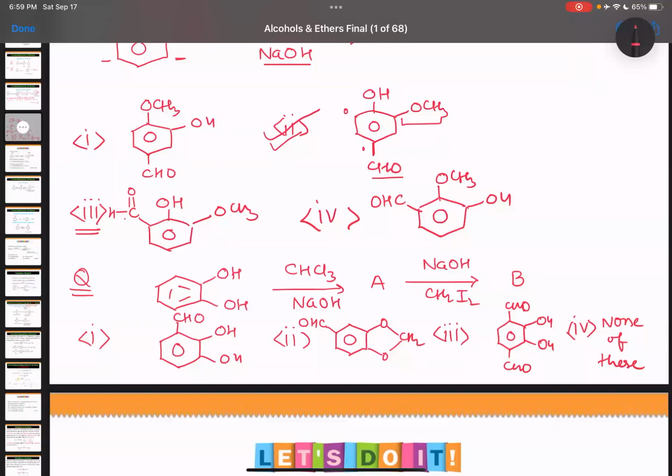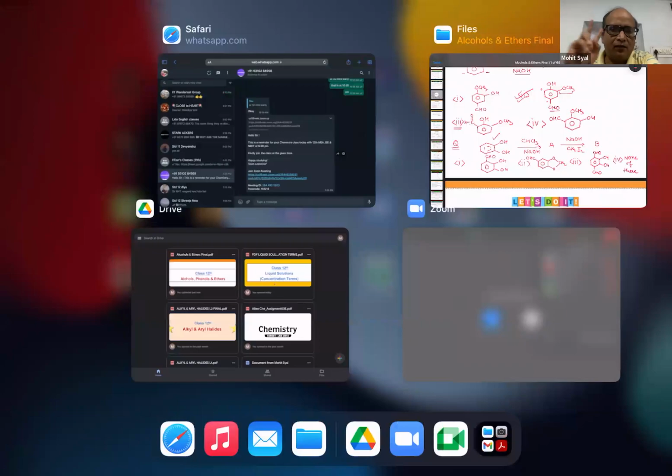So what is the common name of this molecule? What is the common name of the phenol having two OH groups?